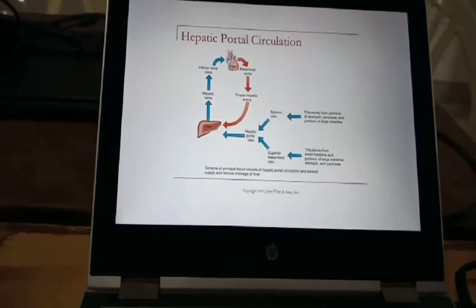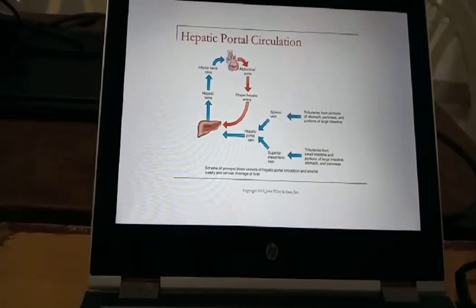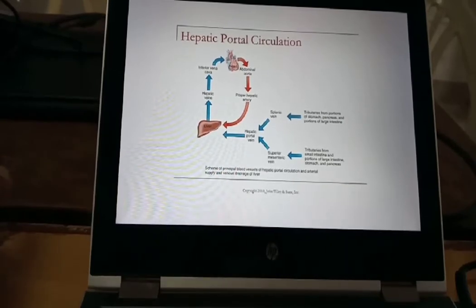Right. So here again, I'm giving you different pictures, different ways of presenting the same things. In the right hand lower corners, you will see all the vessels from the stomach, pancreas, portions of the large intestine, and also the entire small intestine.